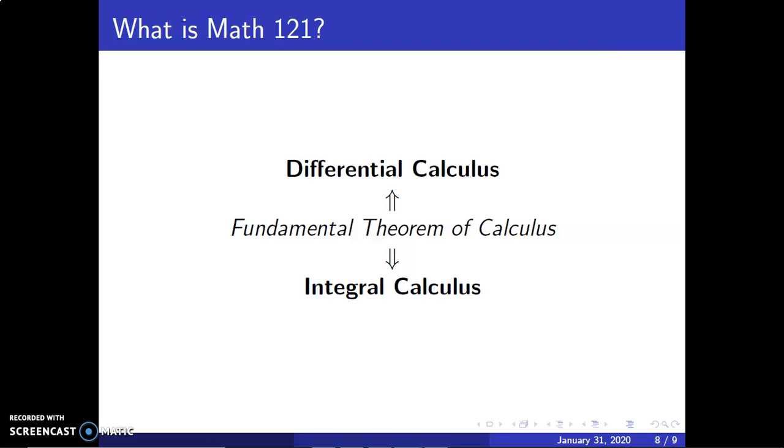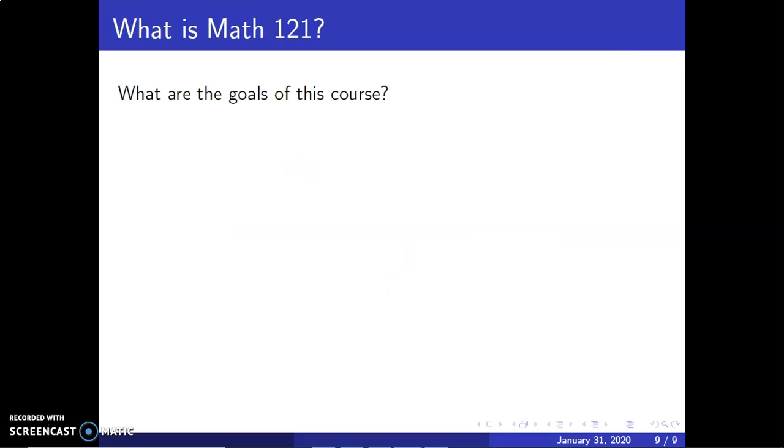Obviously we need to develop a lot before we can explain how that works and all the concepts, but that's what's going to unfold with the class. So we spend a long time talking about derivatives. Then we start to get into integrals, and near the very end of the course, we will have a section called the fundamental theorem of calculus. So you don't want to miss that one. That's a big one.